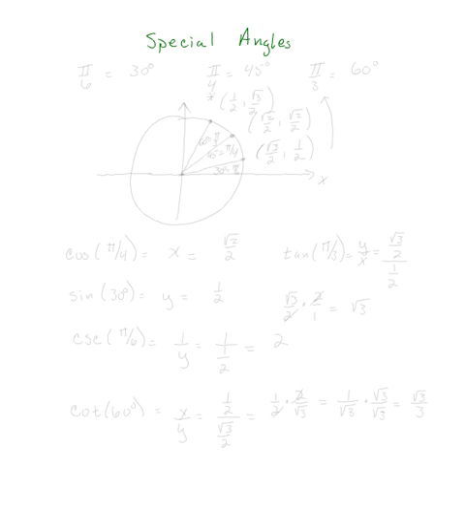So let's see then what those coordinates are for the special angles. The special angles we're going to focus on are pi over 6 in radians, which in degrees is 30 degrees. We'll look at pi over 4, which is 45 degrees. And we'll also look at pi over 3, which is the same as 60 degrees.